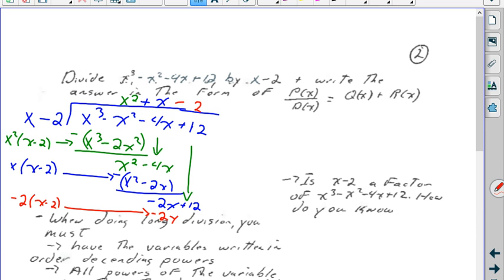So I have negative 2x plus 4. I am sorry I ran out of room. Subtract what's in brackets from above it. Negative 2x minus negative 2x, that's good. 12 minus a positive 4, I end up with 8. Again, I'm sorry I ran out of room. I got 8 written smaller. Questions?